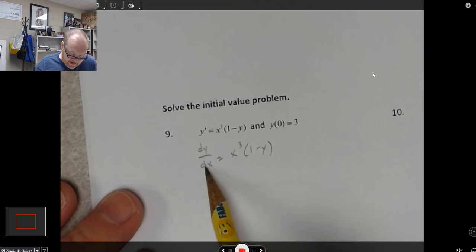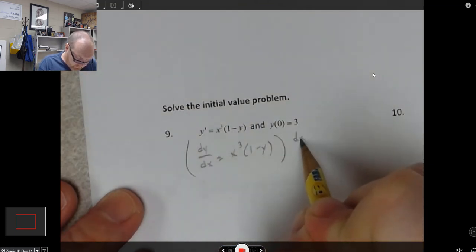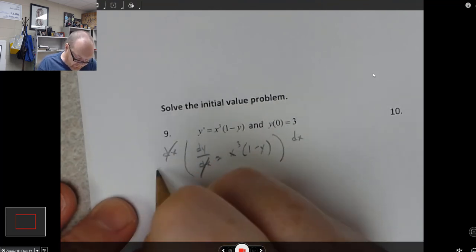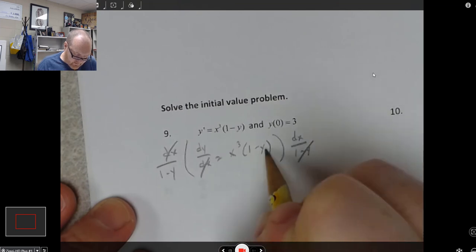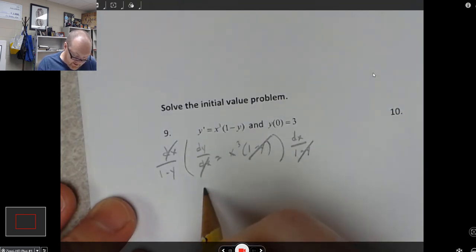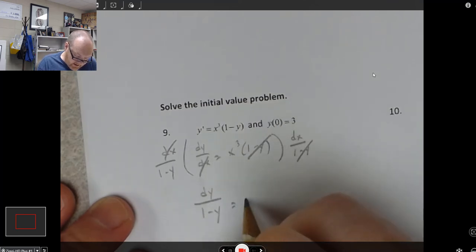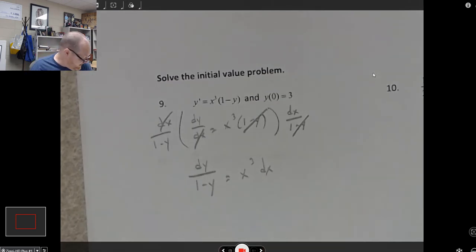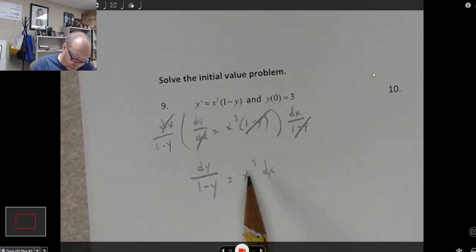So I need this dx over here with this x cubed, and I need this off of that side. So I'm left with dy over (1 minus y) equal to x cubed dx. So again, I've been able to separate it. This right-hand side integrates really nicely.